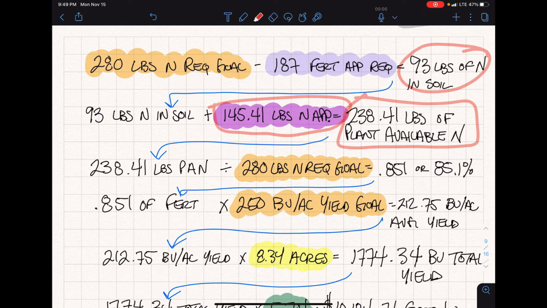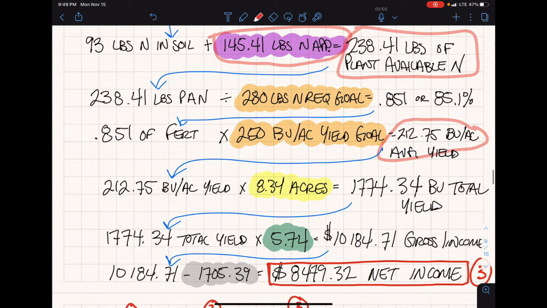When we multiply 0.851 times 250, we end up with 212.75, which would be our actual achievable bushels per acre average yield.